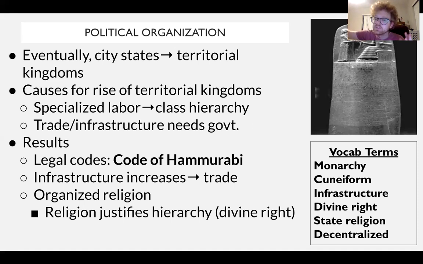God, or the gods in this case, said they wanted order in this world. So they gave me absolute power to rule over everyone. This is basically the idea of divine right. And divine right, you could argue it still exists today in some forms, but it's going to be a mainstay of many societies, really until the French Revolution, all the way in the 1700s.